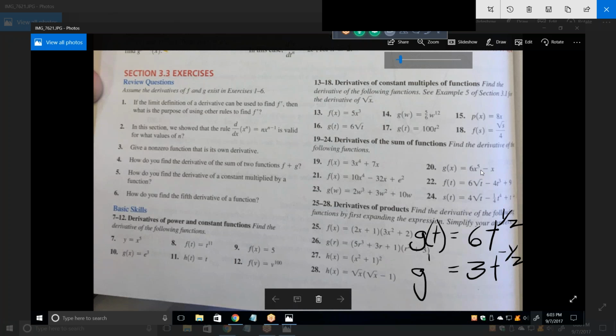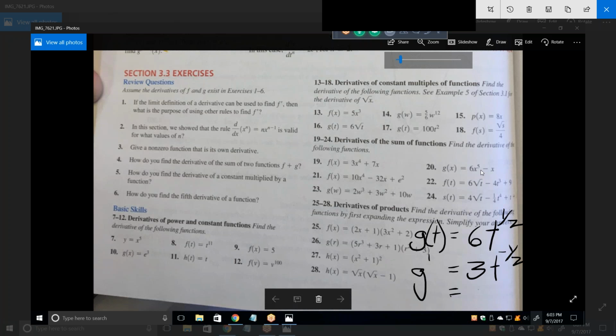In radical form, it would be negative square root of 3t? No. First of all, the negative exponent does not have anything to do with negative. It merely means it's on the other side of the fraction bar.